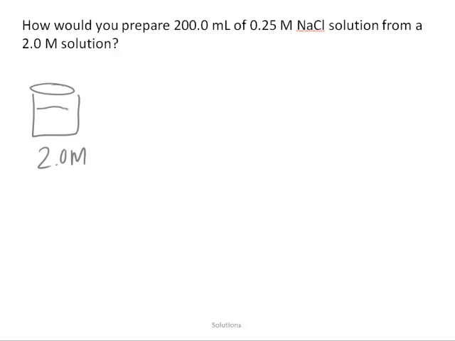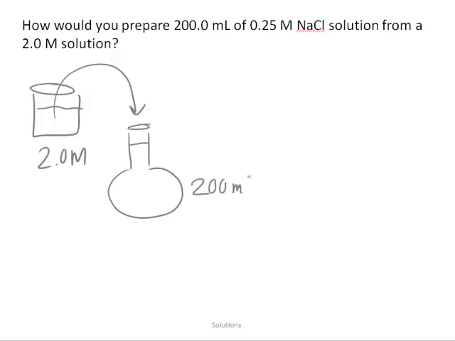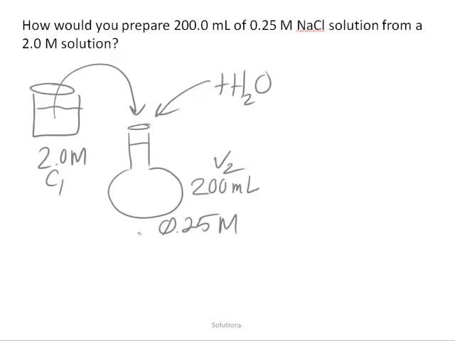We're going to take some volume out, and we're going to add enough water to make a 200 milliliter volume solution. Okay, so here we know that we want this to be a 0.25 molar concentration. So what we're looking for is, we have C1, we know our volume of our final solution, we know our concentration of our new solution. We're looking for V1.